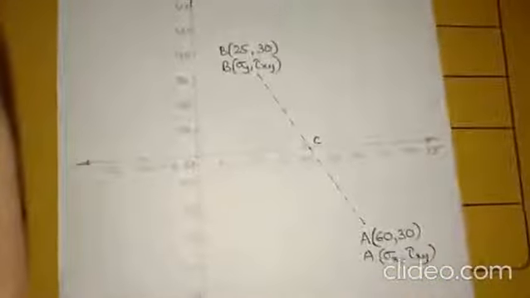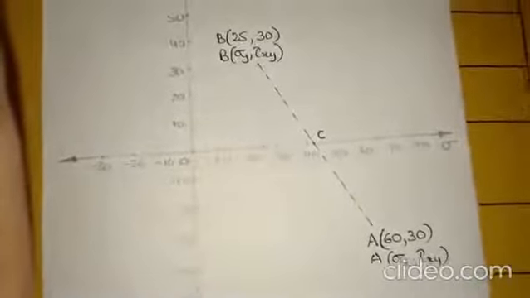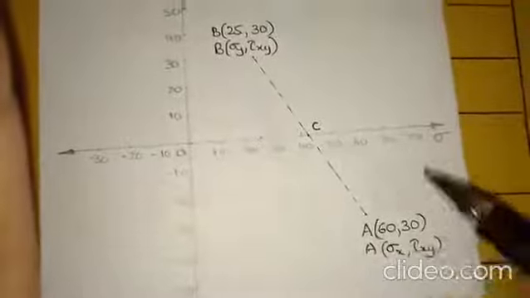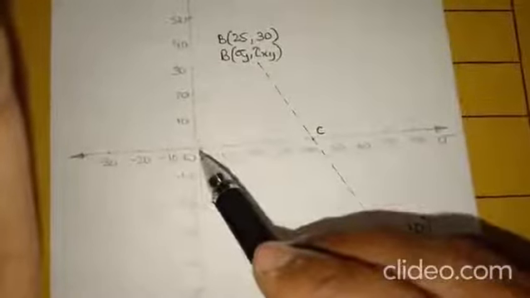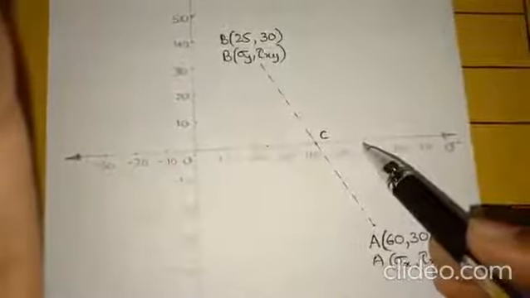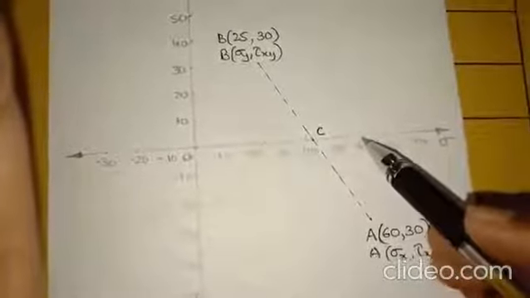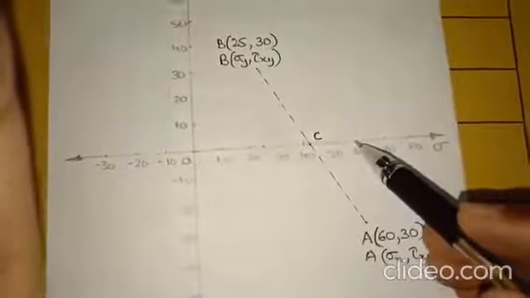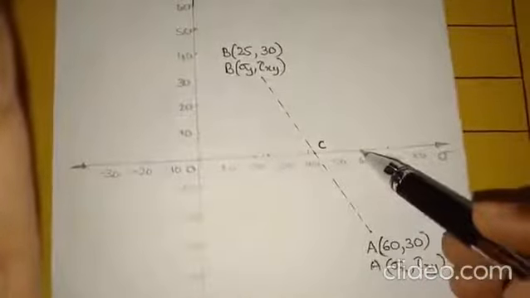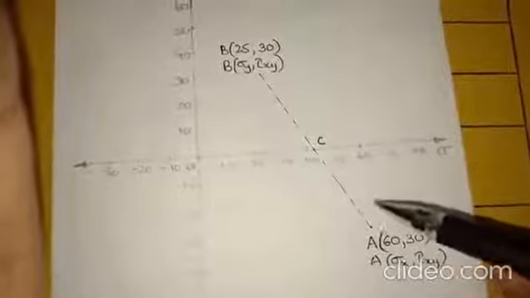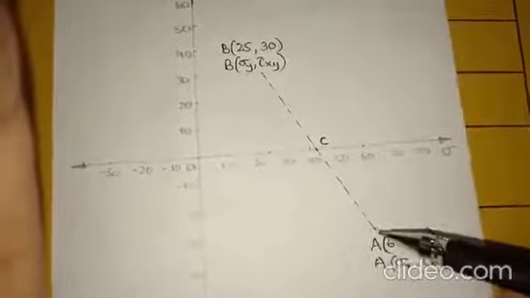Now, first we will plot sigma x comma tau. Sigma x is 60, so plus 60 I have taken. Tau xy is plus 30. The procedure is, for the first point, when we are plotting sigma x comma tau xy, if tau is positive, we will plot it on the negative side.